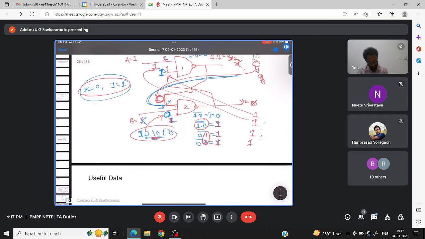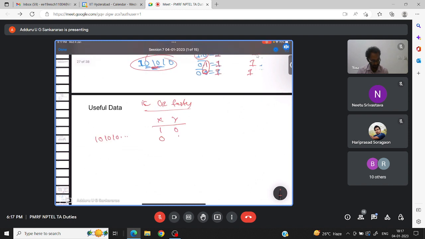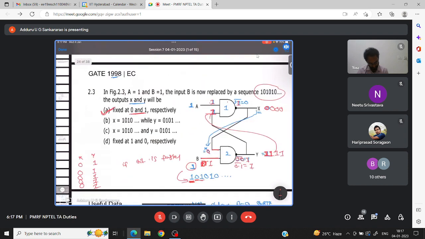In this case, if gate 2 is faster, initially X is 1, Y is 0, but when we give that series 1 0 1 0 1 0, X became 0 the first time, Y became 1, and after that 0 0 0 0 and 1 1 1 1 keep coming. In both the cases, X is fixed at 0 and Y is fixed at 1. So answer option 1 is correct.